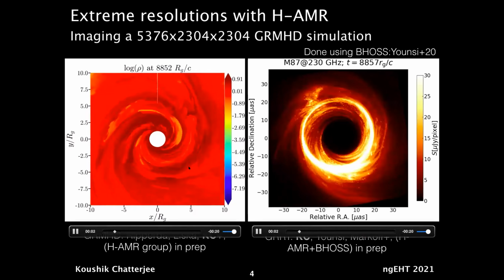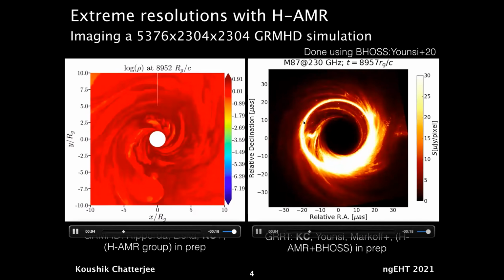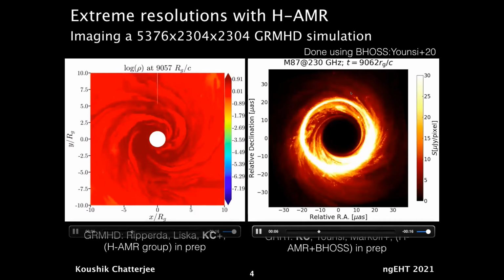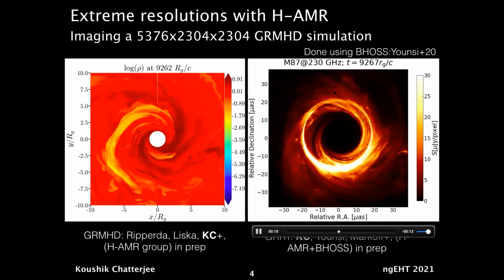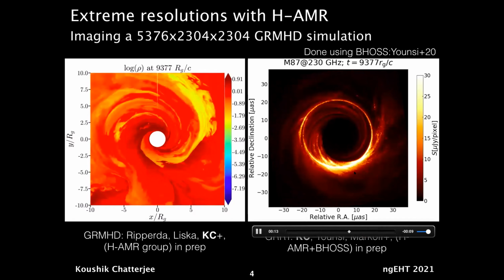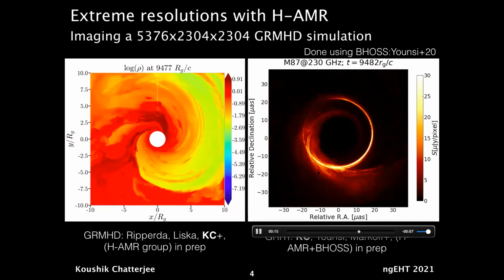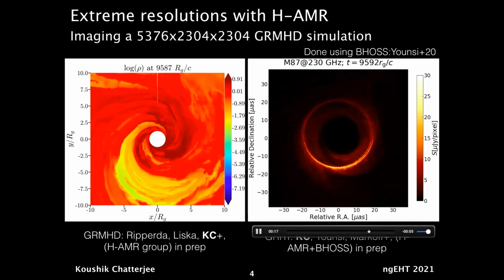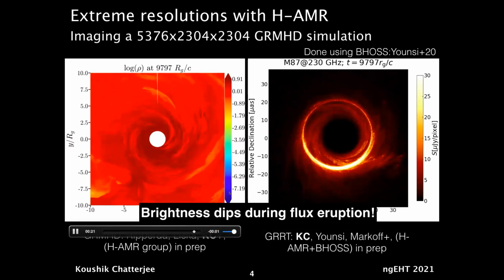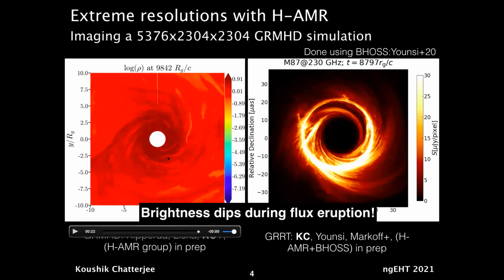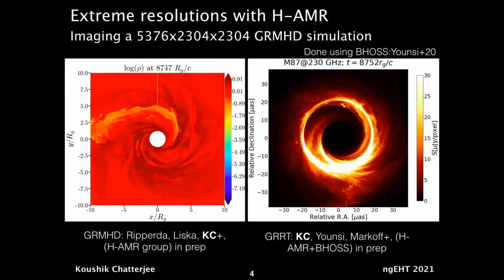And what you see over here, as the gas spirals around, you also see the same type of motion in the image. And because of the high resolution of the simulation, you see a lot of structure in the flow around the image. Now, interestingly, I don't know whether you noticed this or not.